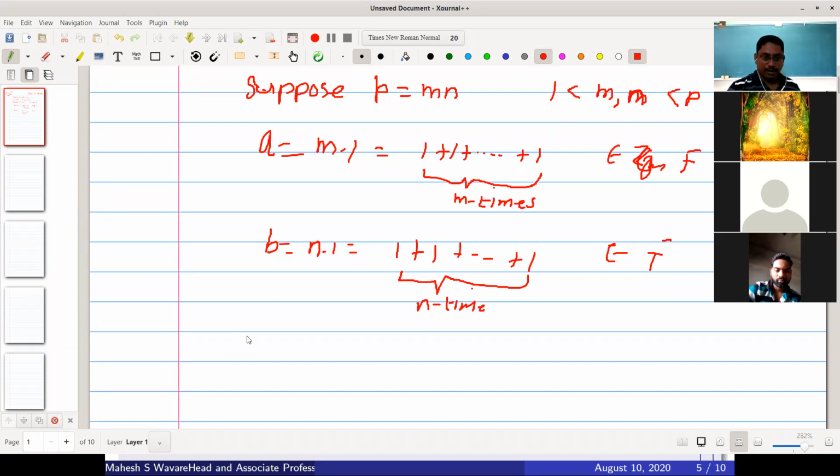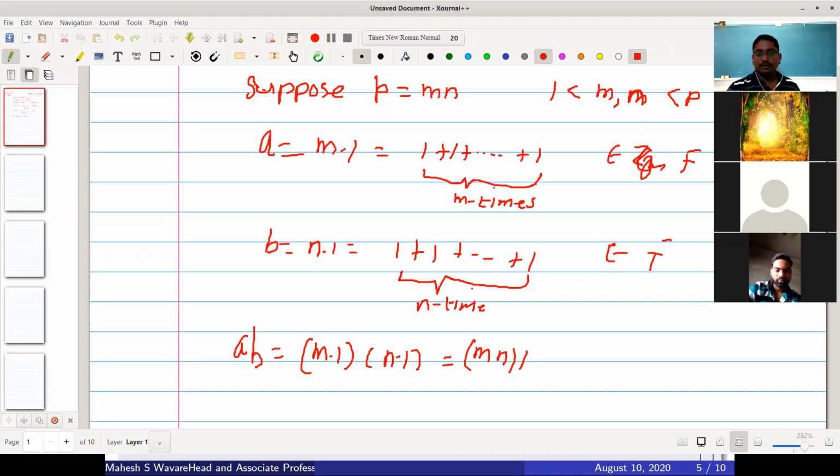Now tell me, what is the product ab? A is m times 1 and b is n times 1. So what does it mean? You are adding 1 mn times. In the first bracket you added 1 m times, and in the second bracket you added 1 n times.